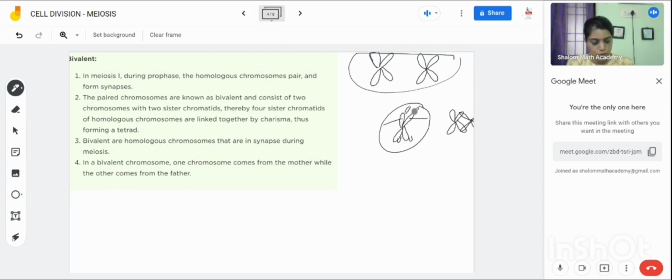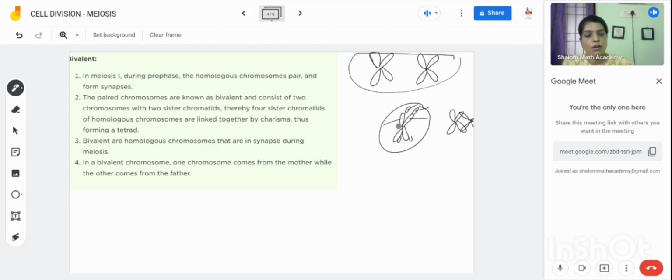One, two, three, four sister chromatids are there. The homologous chromosomes are linked together by the chiasma, thus forming a tetrad. This whole coming together of chromosomes is called synapsis. Once synapsis happens, we call this structure a bivalent.